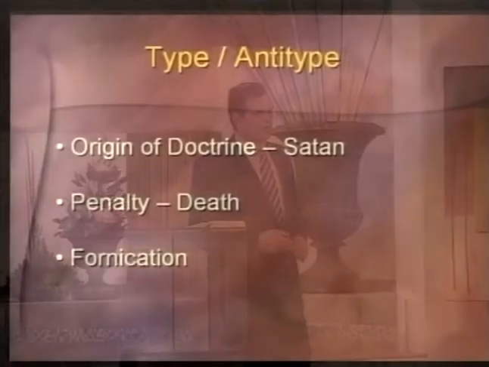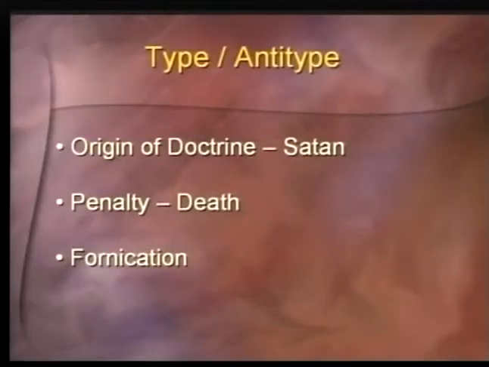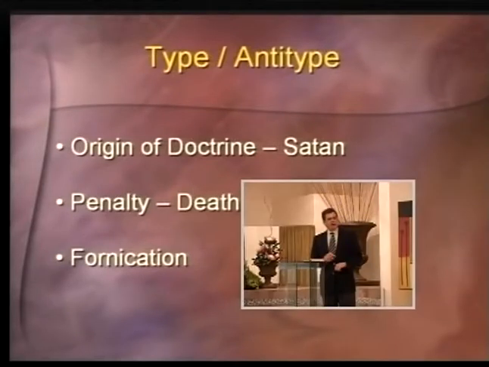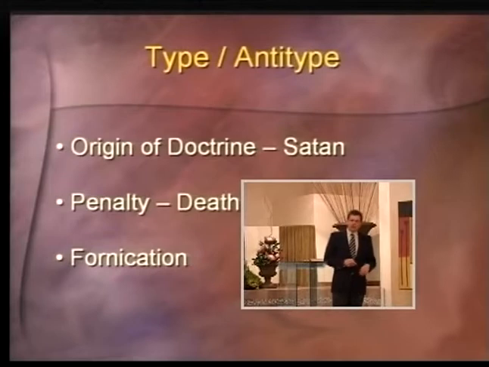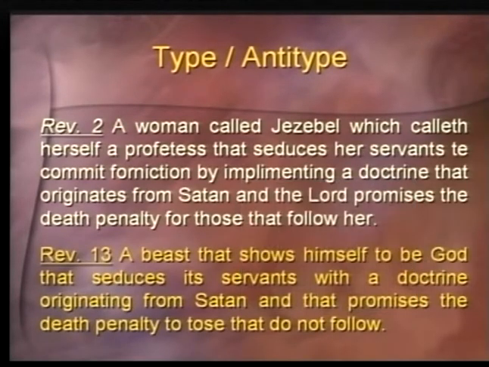No, but he pretends to be God. So not only do we have these three concepts already of the origin of the doctrine, being Satan, that there's a death penalty involved, but we find that there's fornication involved. We find that there is a pretense of religion involved.